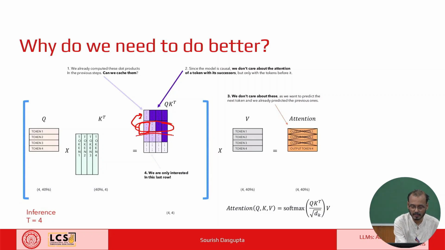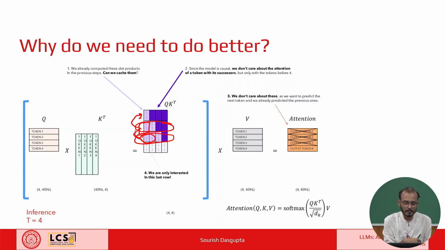When you look at the third row, you'll see that these two things are already computed previously, right? And recursively, this one has already been computed previously, right? So essentially, you are unnecessarily computing the same thing over and over again as new tokens come in terms of the query.